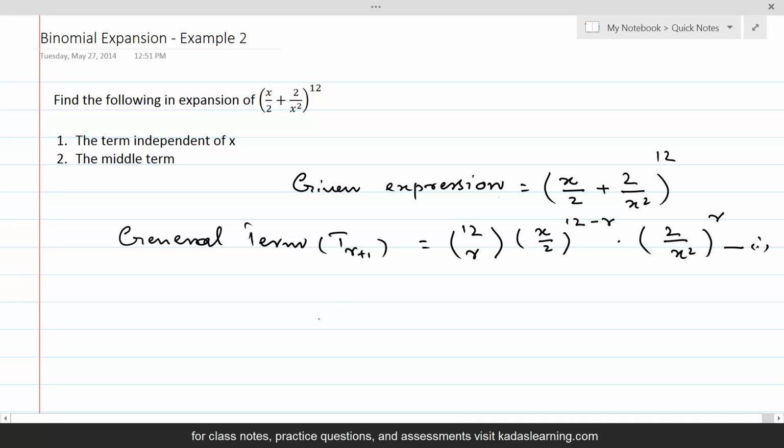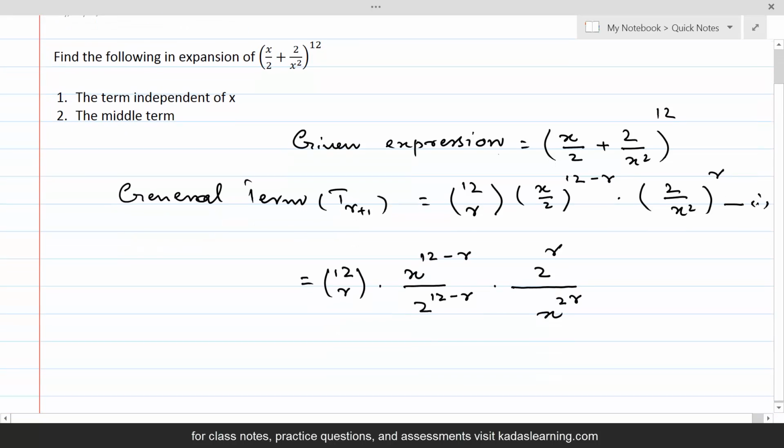Now we are going to isolate x. Therefore 12Cr times x^(12−r) divided by 2^(12−r), times 2^r divided by x^(2r).